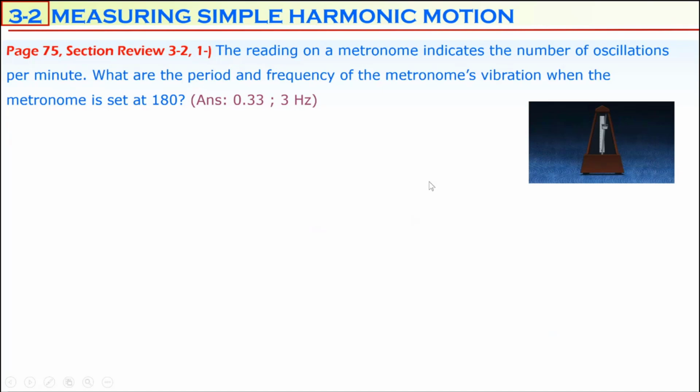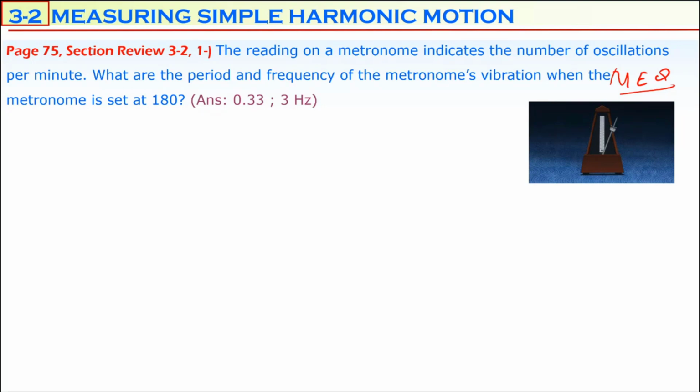And one sectional question, also a ministry exam question. The reading on a metronome indicates the number of oscillations per minute. What are the period and frequency of the metronome's vibration when the metronome is set at 180?